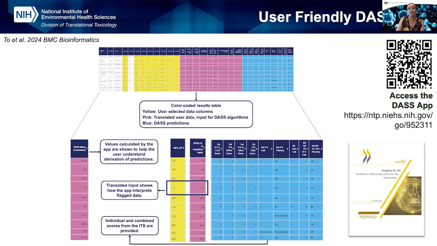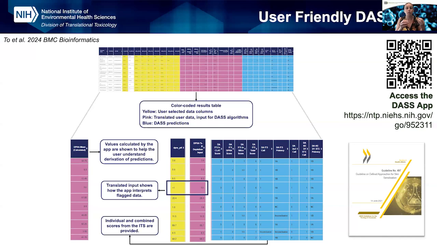Another important aspect of information transparency is widespread accessibility. So the defined approaches to skin sensitization that I described briefly in a previous slide that are codified in this OECD test guideline are, for the moment, pretty simple rule-based approaches, but they're still subject to error and mistakes in how they can be applied.